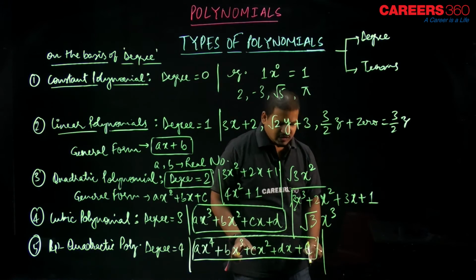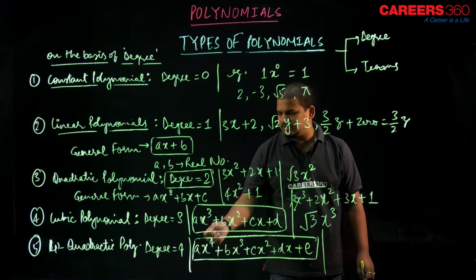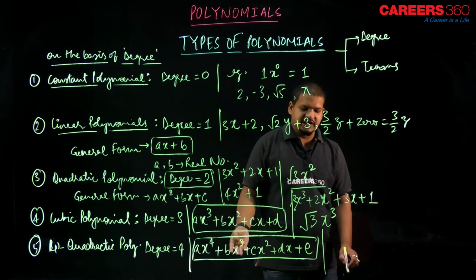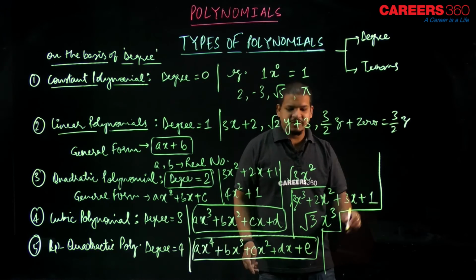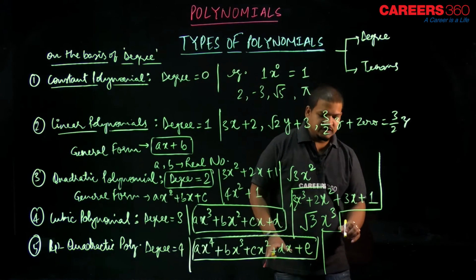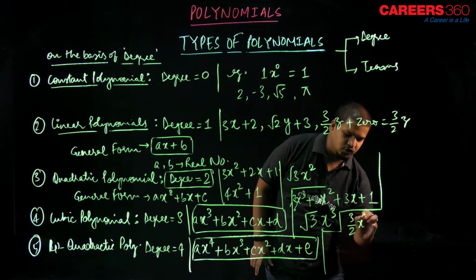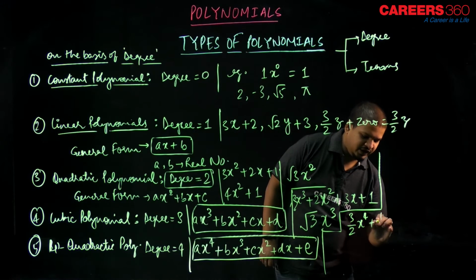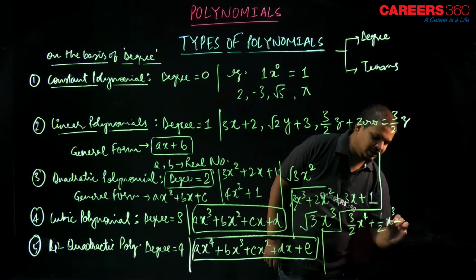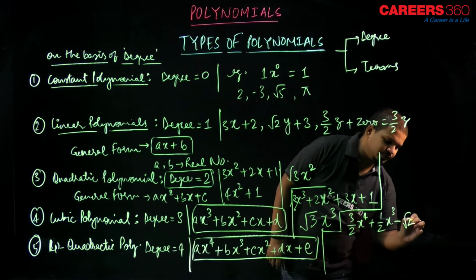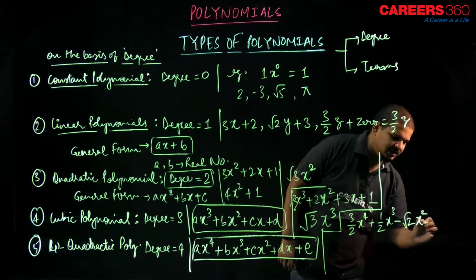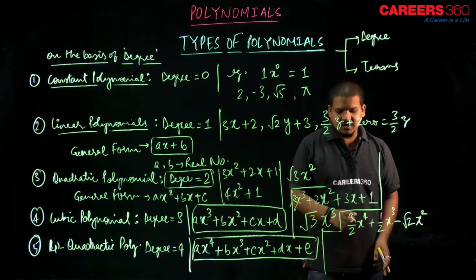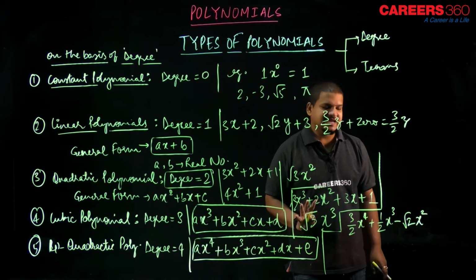You just put the real values of a, b, c, d and e, and that's how you will get a bi-quadratic polynomial. So first example could be 3 by 2 x to the power 4 plus 1 by 2 x cube minus under root 2 x square. This is a bi-quadratic polynomial. Why? Because again we have taken the value of d and e as 0.